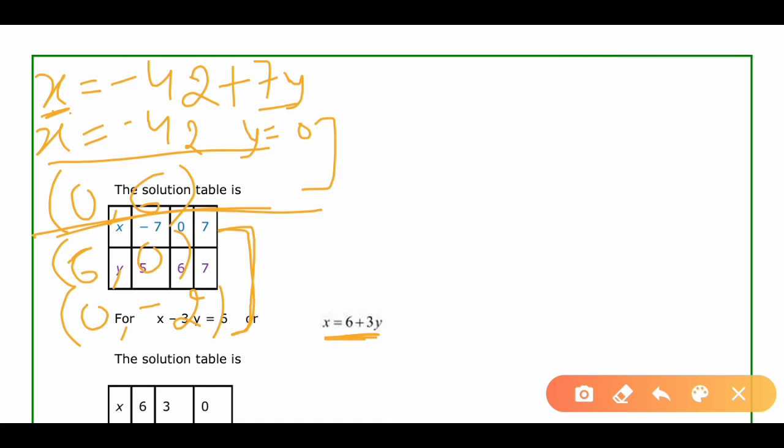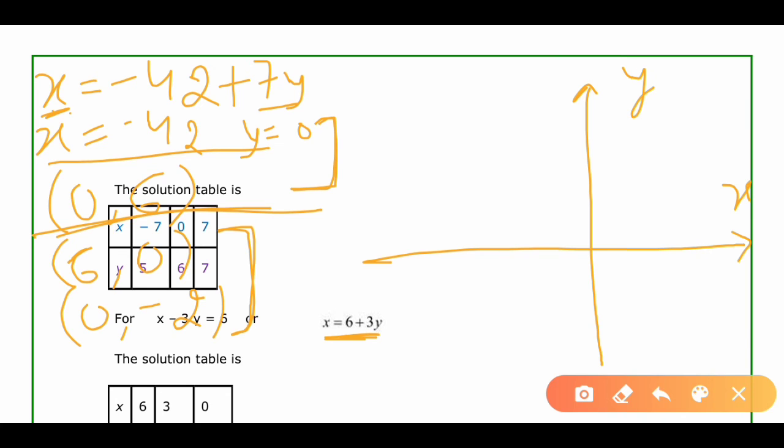Now we'll do the graph. We are just drawing the graph. This one is the x-axis and this one is the y-axis. Now first we will plot these 2 points. First is minus 42 on the x-axis, so minus 42 would be like here, so minus 42 comma 0, that means this one will be the point.